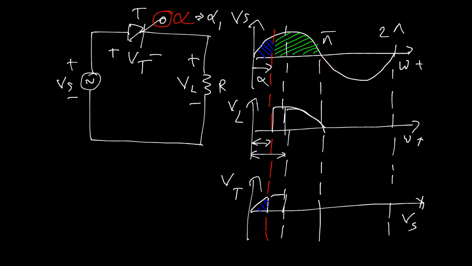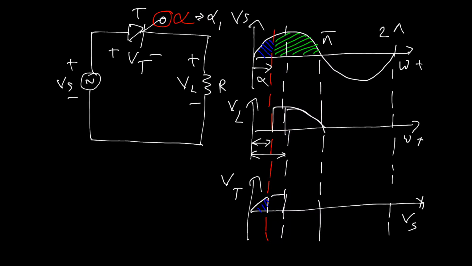Once the thyristor is in reverse biasing condition and the current is 0, this is a kind of natural commutation, through which the thyristor will be switched off automatically when the reverse cycle starts. So this is all about the conduction case of the thyristor, and how the load voltage appears across the load. This is the actual reason.